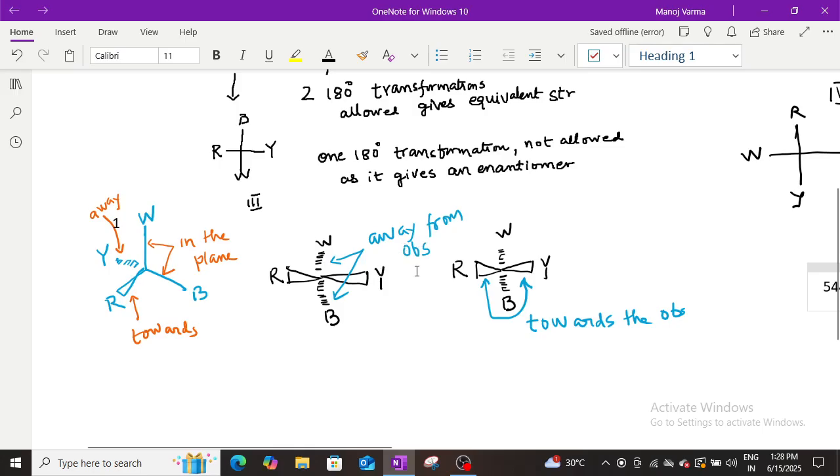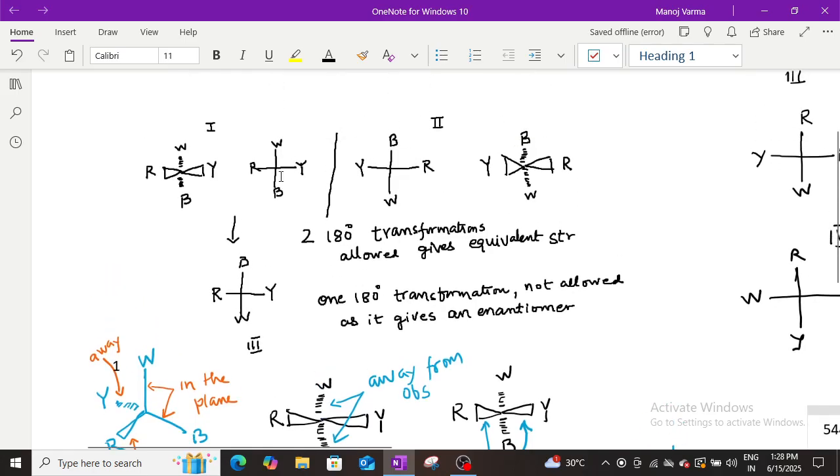So this same thing can be drawn in this way, that the horizontal line shows the bonds going towards the observer, and the vertical bonds showing the bonds going away from the observer.